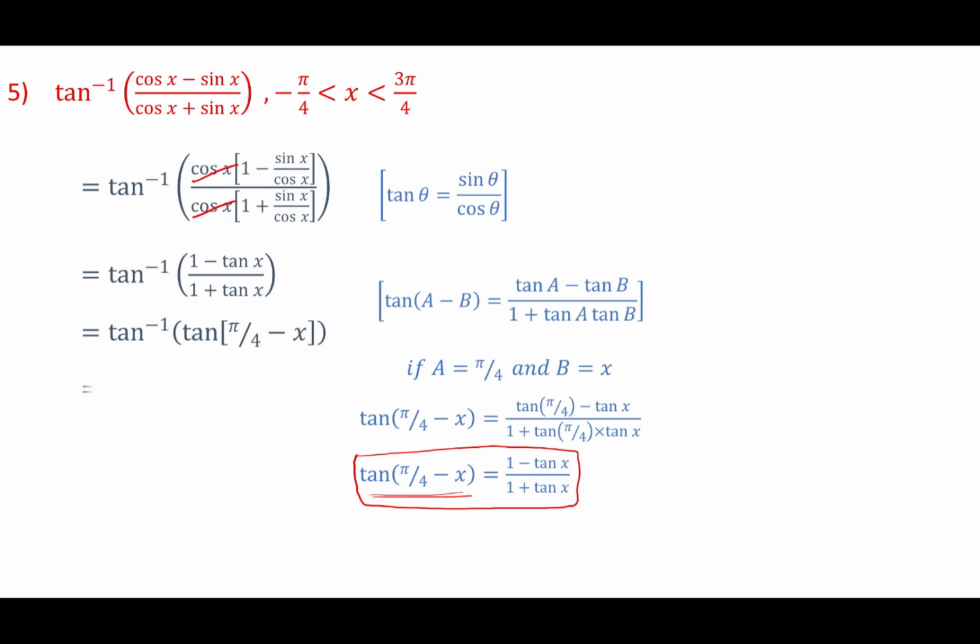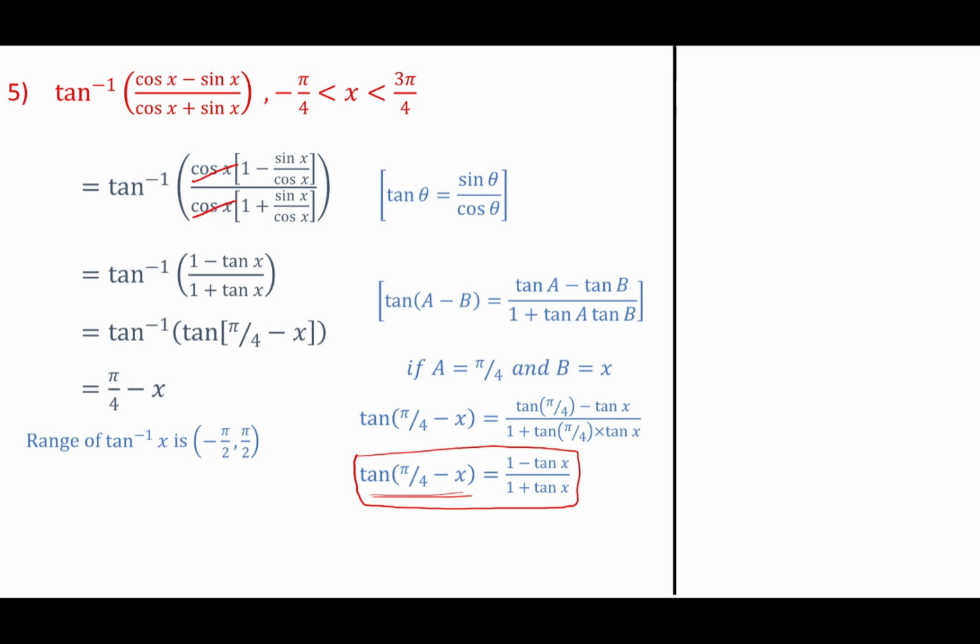The remaining part is pi by 4 minus x, and the range of tan inverse x is negative pi by 2 to pi by 2. We have to show that this angle lies in between this range. How can I prove it? By the given part. Given that pi by 4 is less than x and less than 3 pi by 4.